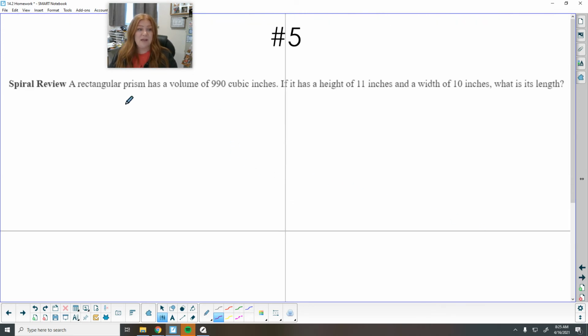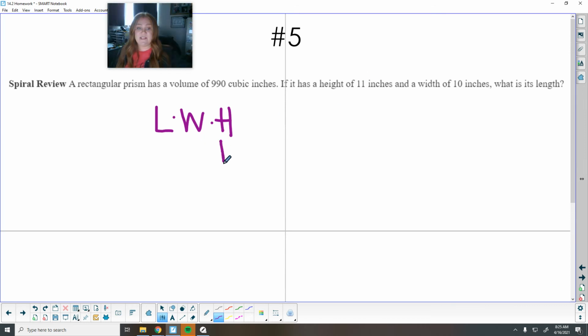Number 5, a rectangular prism has a volume of 990 cubic inches. So volume, I know, is length times width times height. It has a height of 11, so I'm going to fill out what I know, and a width of 10. So width of 10.